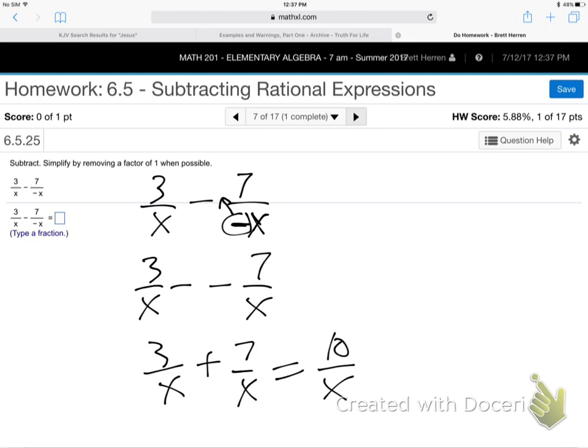Is that good? So that minus on the bottom comes out to the front. You with me? This minus right here comes to the front, like that, right?